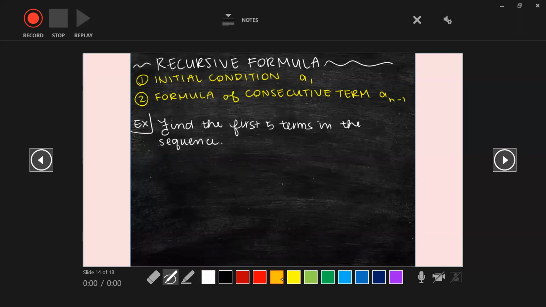And it is going to say something like a sub n is equal to 2a sub n minus 1. It'll give the condition where a sub 1 is equal to 3.